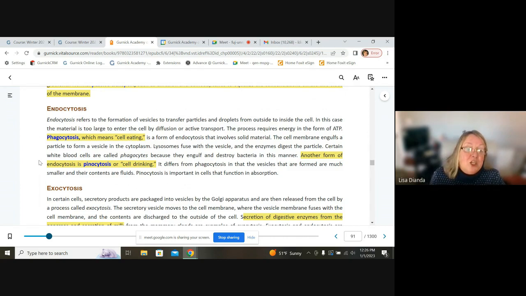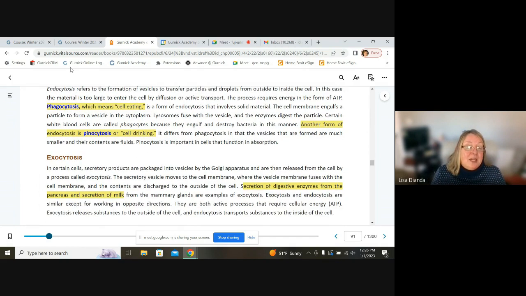Another form of endocytosis is pinocytosis, or cell drinking, in which fluid is taken in or taken out. Okay, endocytosis. Exocytosis. You want to know endo and exo. Exo means outside, right? So activity outside of the cell. So the secretion of an enzyme from a cell, the secretions would be an example of exocytosis, right?